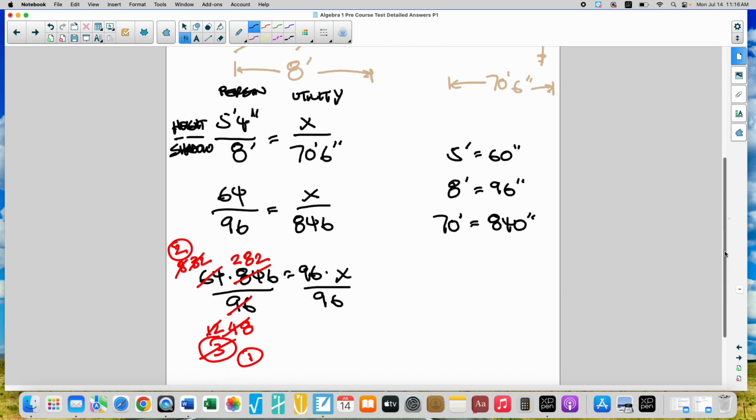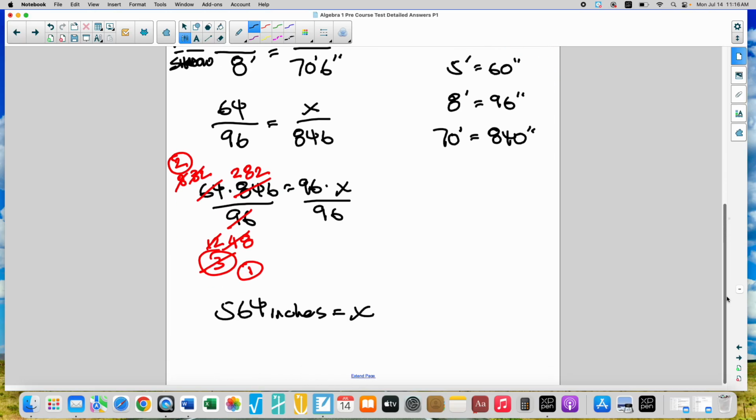Okay, since it didn't say in feet or anything of that nature, we could say 564 inches. If we want to divide that by 12, 564. So let's reduce that by 2, which is 282.